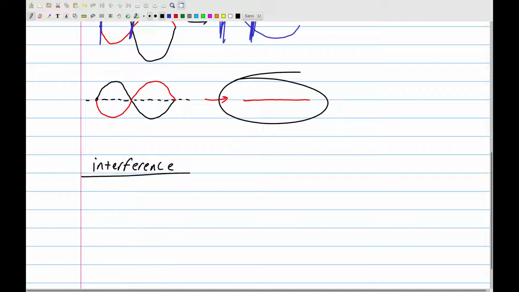It means two waves are interacting in such a way that they may make the resulting wave bigger, or they may make it smaller. Now there's two types of interference, one for making it bigger and one for making it smaller. When it gets bigger, we call that constructive interference. And when a wave gets smaller, we call that destructive.